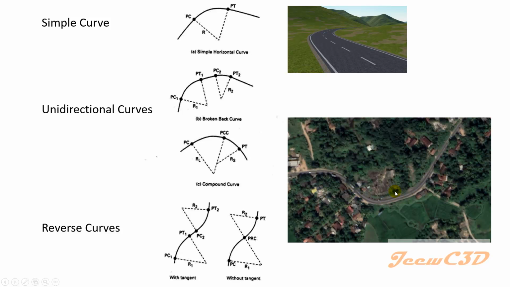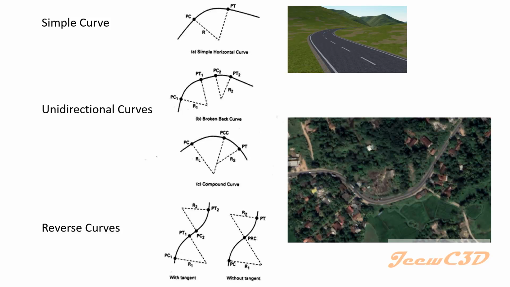So that is about horizontal alignment. We learned what the curves are, what the straights are, what the transition sections are, and we learned about super elevation and the radius of curves, and the minimum radius of curves we have to adopt. Then we learned about the maximum and minimum super elevation we have to use in urban and rural conditions, and the minimum super elevations where we have to cater to the drainage requirement.